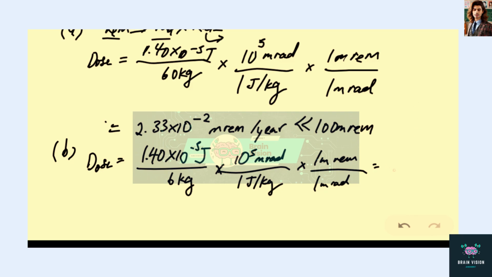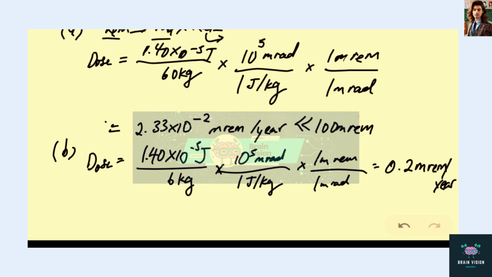It is about 0.2 millirem per year, which is much closer to the allowed dose as compared to an adult.